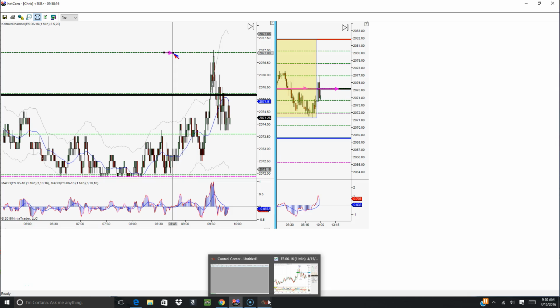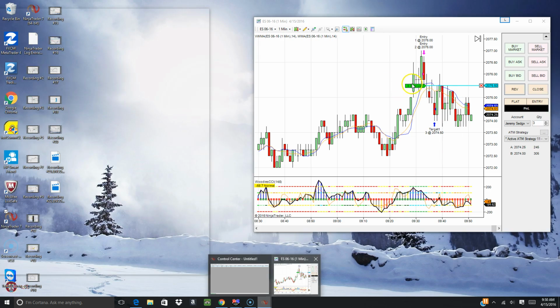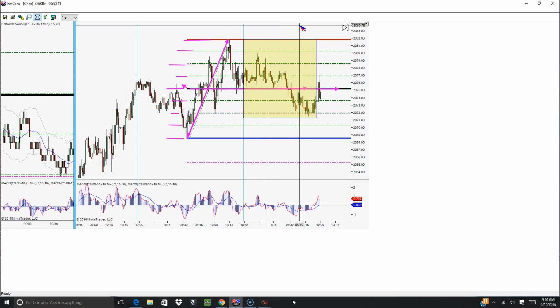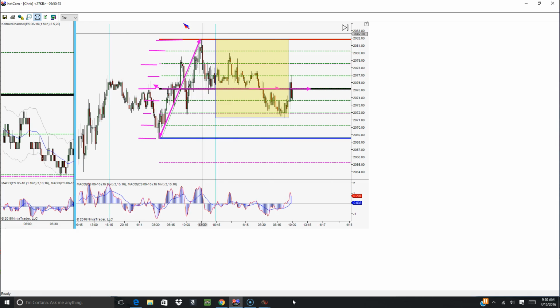Now, you guys hear about price action all the time, but nobody knows what it means, right? Here's price action. Market opens, tests a level, backs off. As soon as it backs off, you sell it. You put your stop right above there. Rubber band snaps back, you get out. Period. Simple.